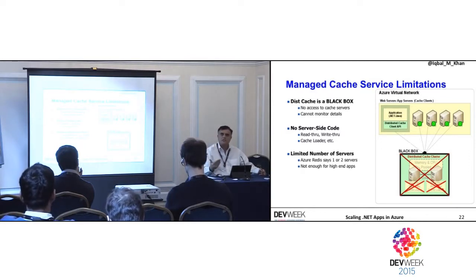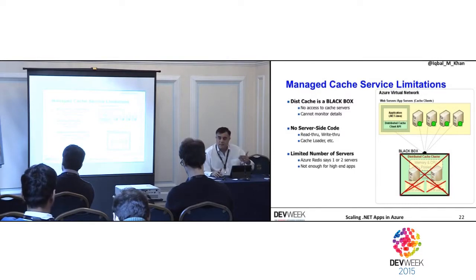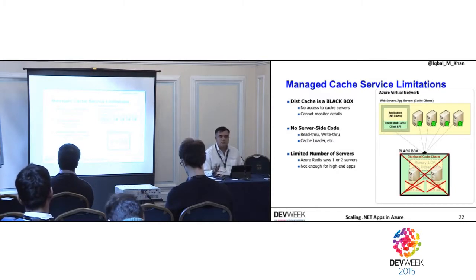I'm saying virtual machine, any distributed cache, is a better strategy because the managed cache service, although it's easier for you because you don't do anything, is also very limiting. For example, the entire cache cluster is a black box for you. You have no access. You just make the API calls and you get some basic monitoring on it. You cannot run any server-side code, so no read-through, write-through, cache loader, none of that.